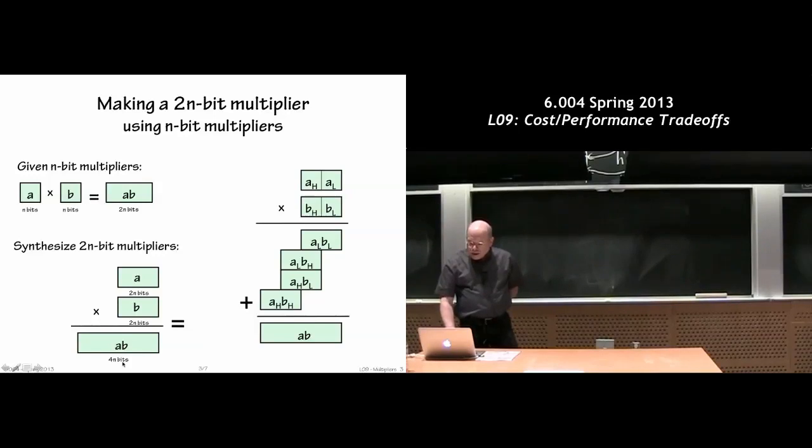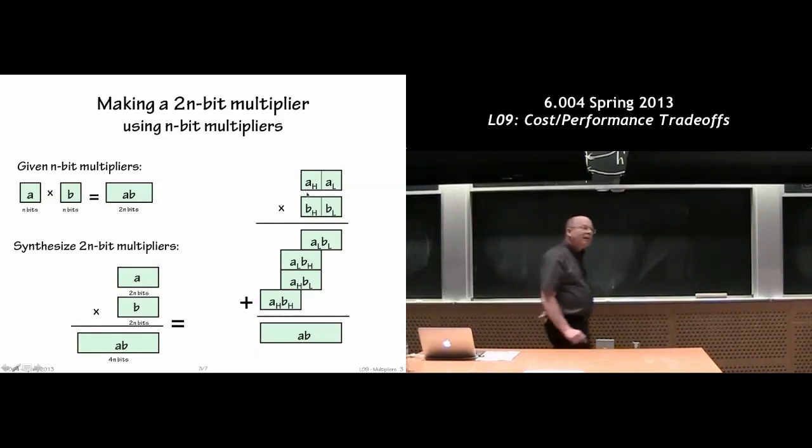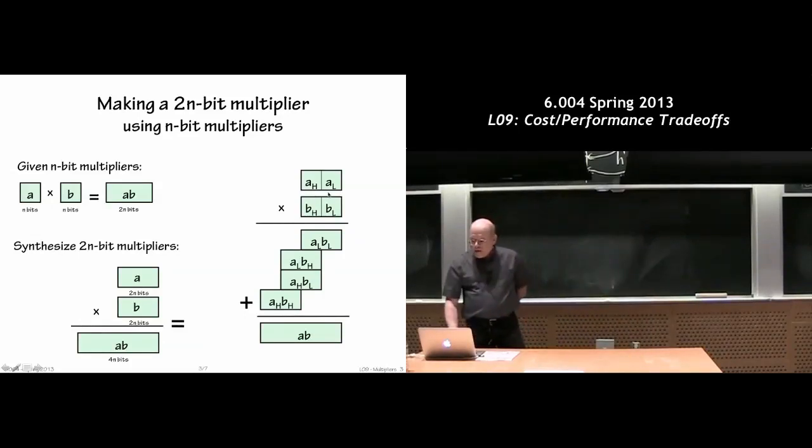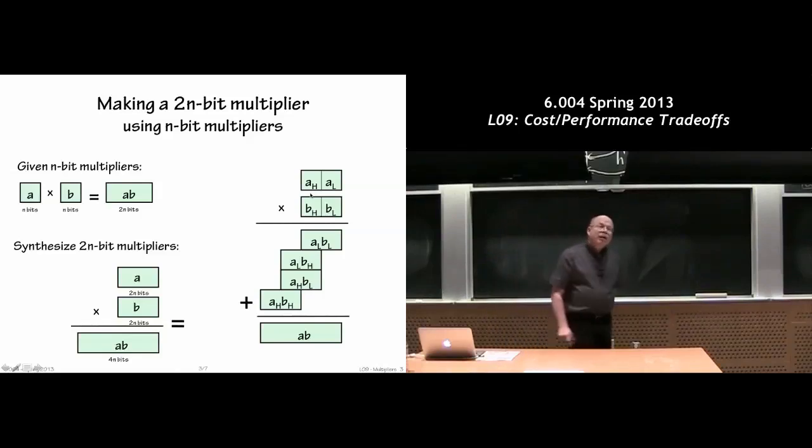Slightly more abstractly, what we can do is break this down. Each of these A's and B's down here can be thought of as really two n-bit numbers concatenated. There's the low half and then the high half of the number, each of which is n bits large. So each of these little squares here represents one of the n-bit operands that we already know how to deal with.